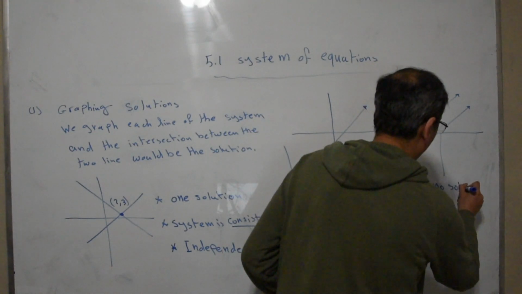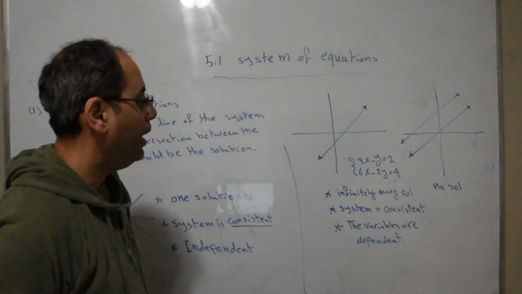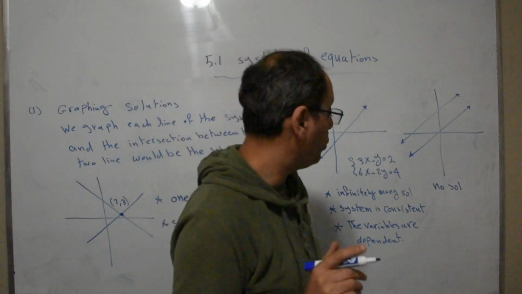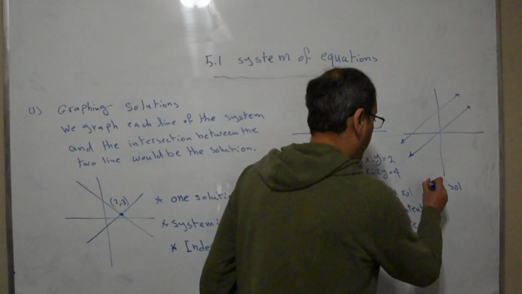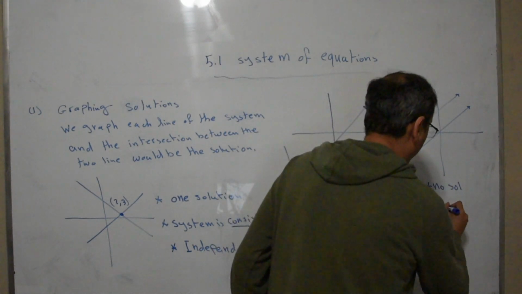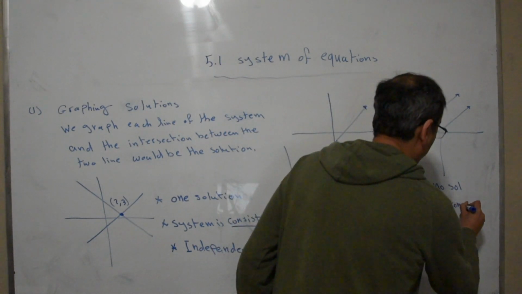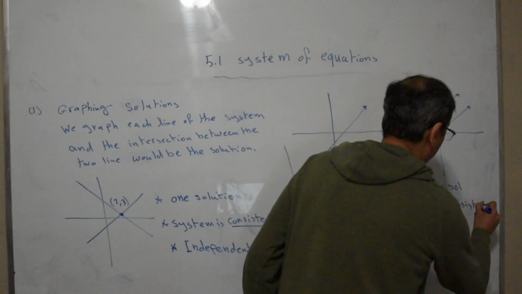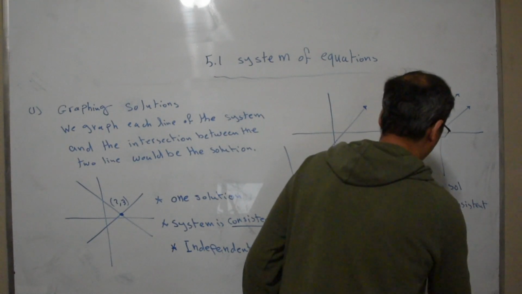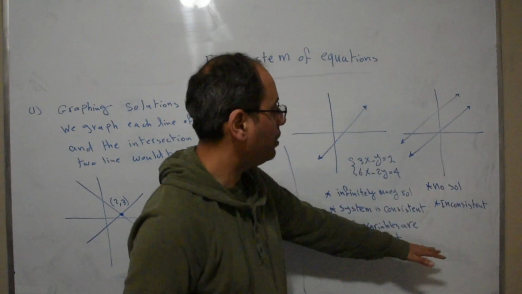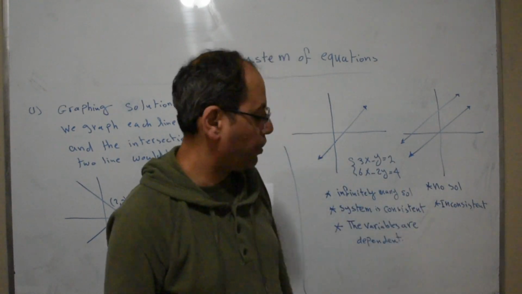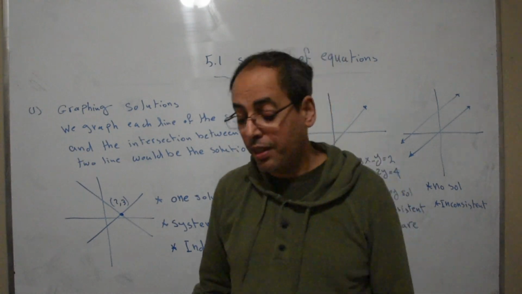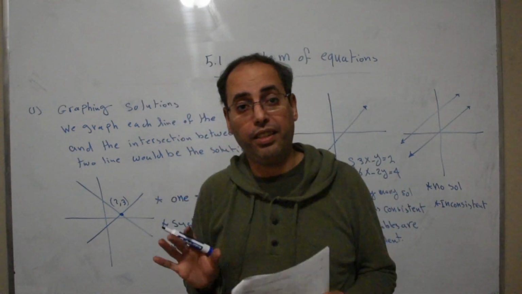Since I have no solution, I call the system inconsistent. And since it's inconsistent, I don't have a value of x or y, therefore there is no dependent or independent. I hope you understand this idea.